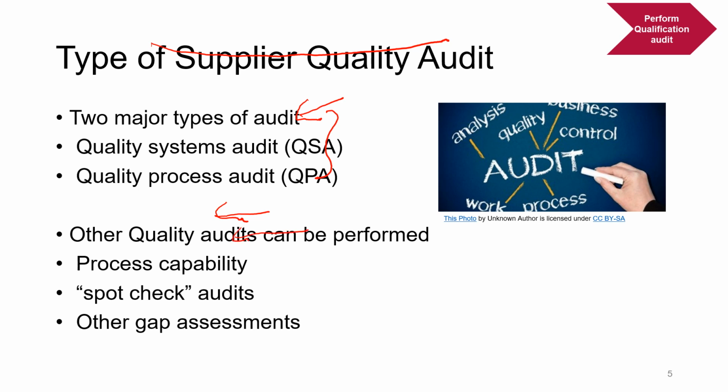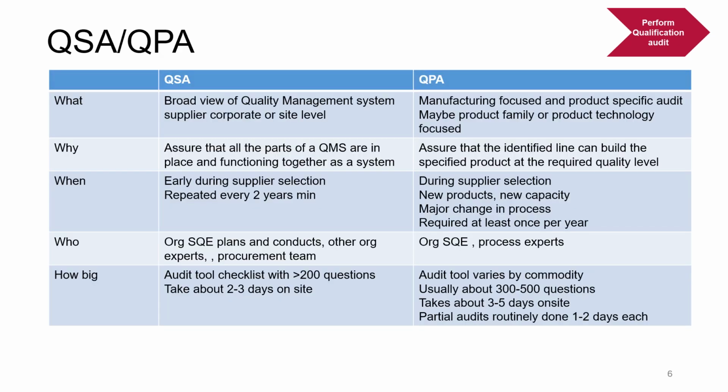Spot audits, which focus on areas which could potentially cause a lot of problems, and other gap assessments, which includes SWOT analysis, or known as strength, weakness, opportunities, and threat analysis, and also maybe some kind of a risk assessment that can be done as well. In these slides, we shall have the focus on quality system and quality process audit.